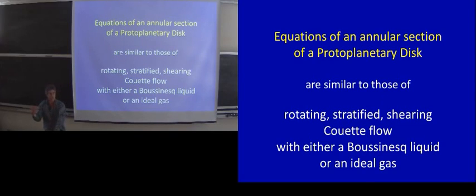In a protoplanetary disk, the gravity is also a function of height, but here it's constant gravity. So the simplest thing we do is forget using an ideal gas or an anelastic approximation, and use the simplest approximation that has any density variation: a Boussinesq fluid. That would describe, say, salt water in the ocean or salt water in a laboratory.